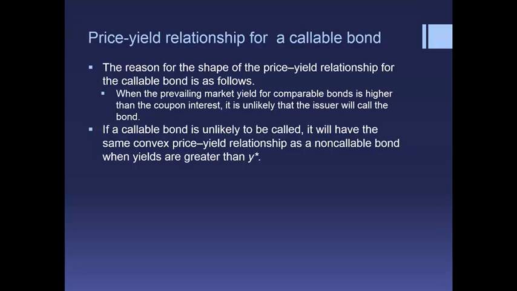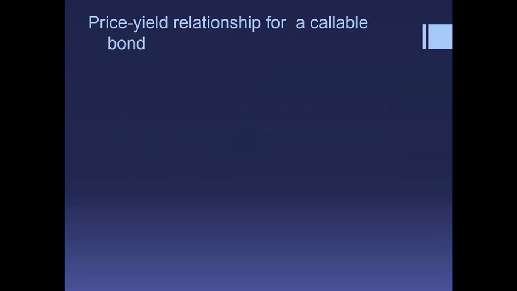So basically any callable bonds with these low interest rates are going to exhibit properties most similar to a non-callable bond at this point. But in normal interest rate environments, we'll see something like the prior graph where we have that negative convexity.